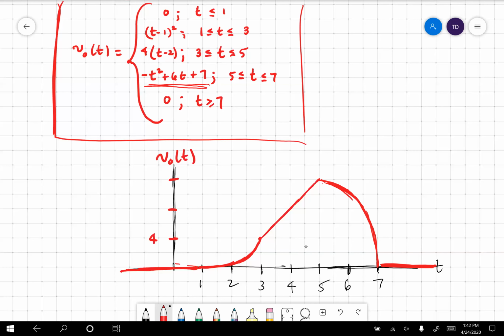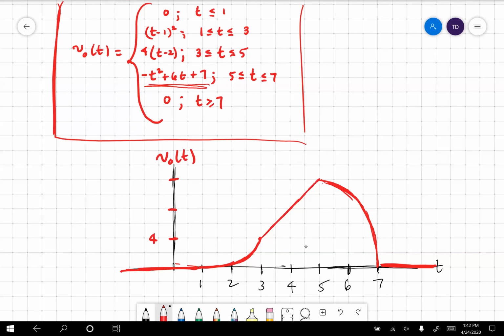Yay or nay? I think the answer is no. If any of you knows the Laplace transform, come talk to me. I want to get you into grad school immediately. We don't know that Laplace transform.